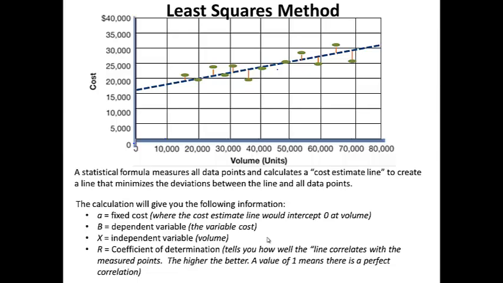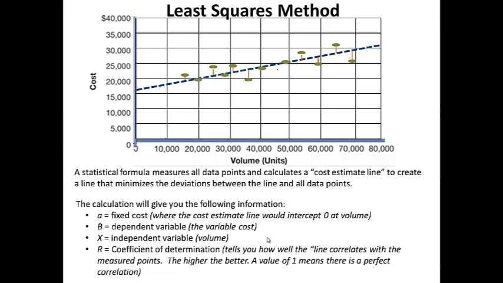A negative number, like a -1, means there's a perfect inverse correlation, or a negative correlation. So when you're trying to get a positive correlation, you want to see values that are not necessarily 1, but are heading towards 1.